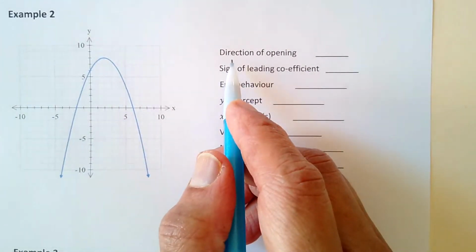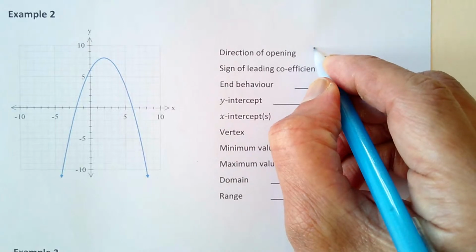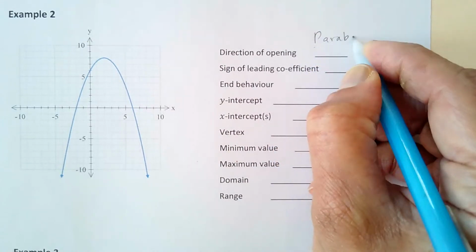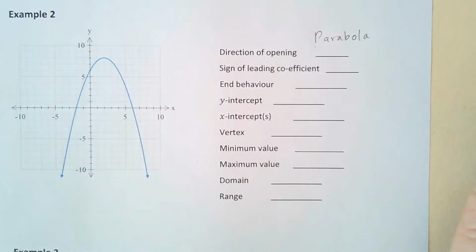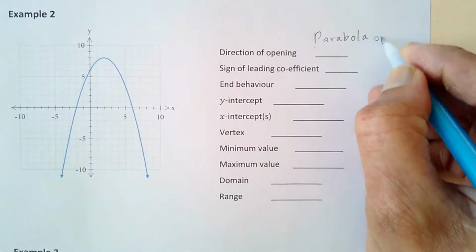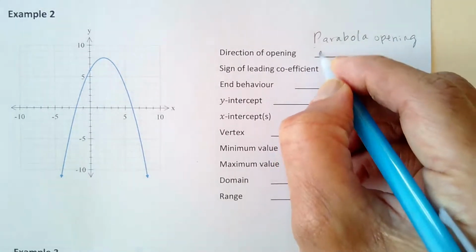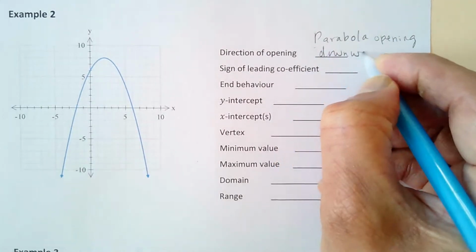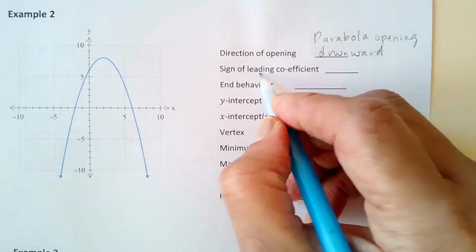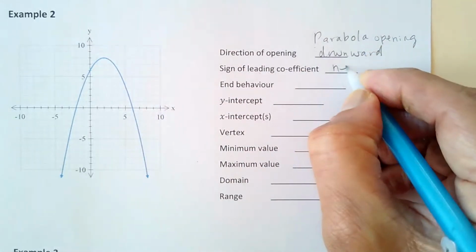So direction, in this case, is going downwards. So the shape of the parabola, opening downwards. Parabola is spelled parabola, but it's pronounced parabola. Sign of the leading coefficient: because it's going down, it's negative.